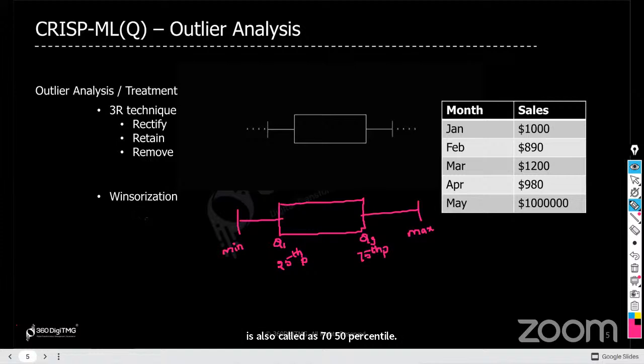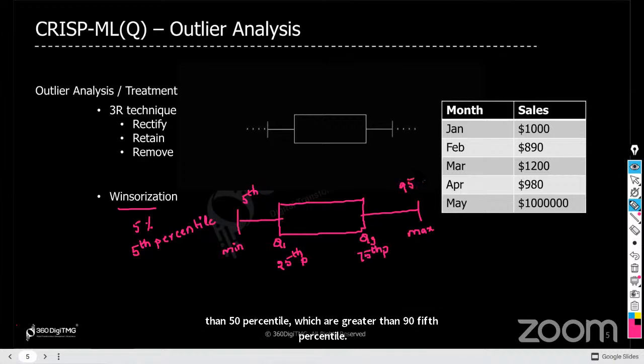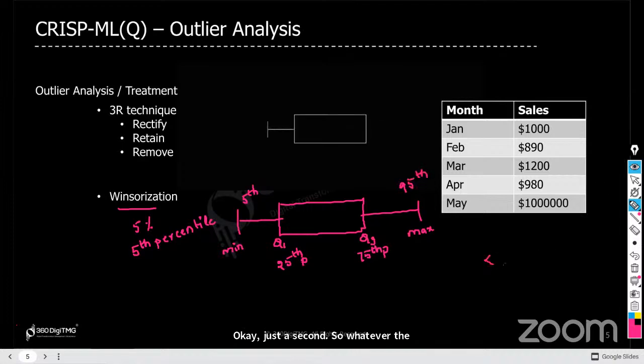So in Winsorization, we will take some value, for suppose I will take the 5th percentile, 5%. What happens when I take the value as the 5th percentile?